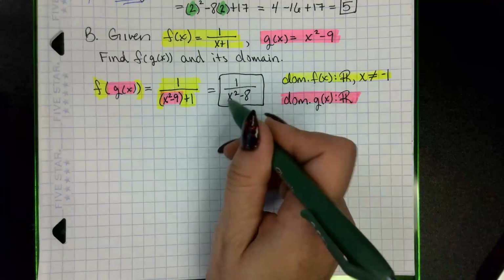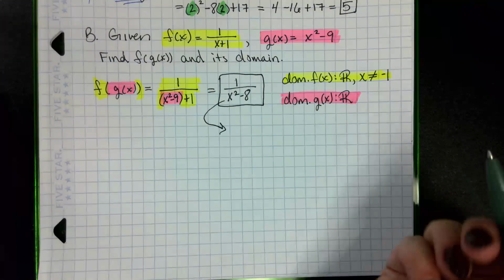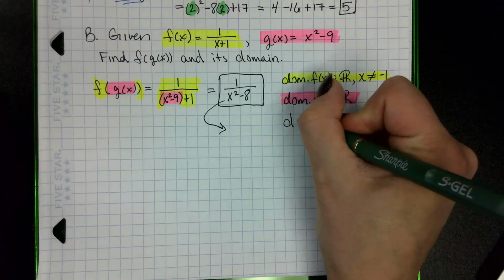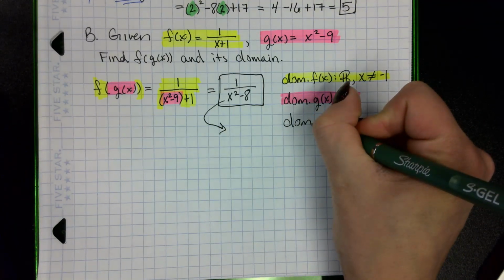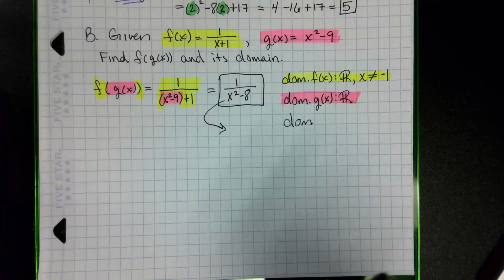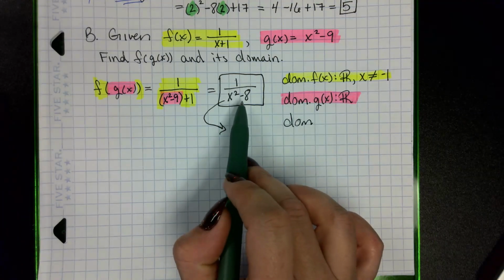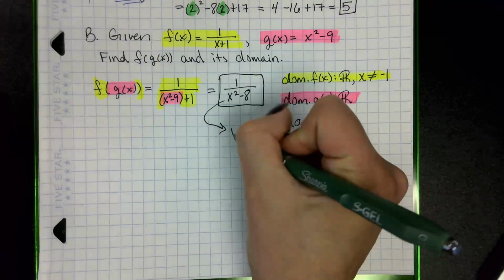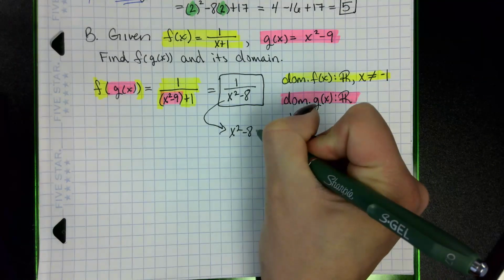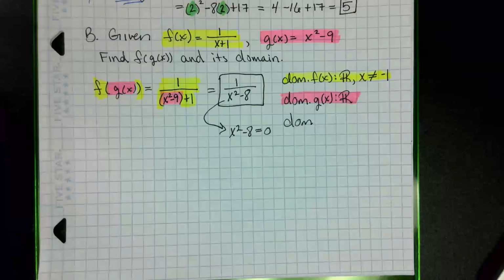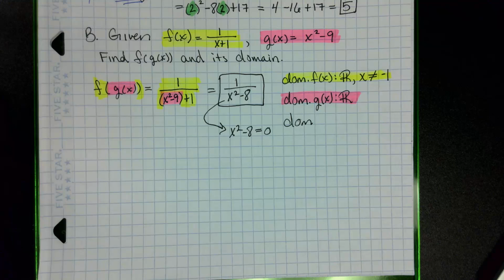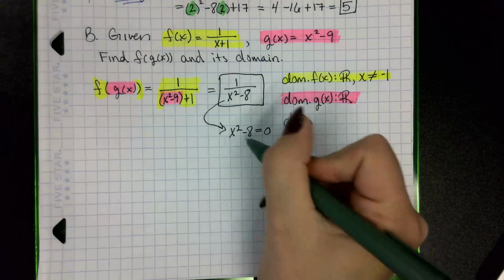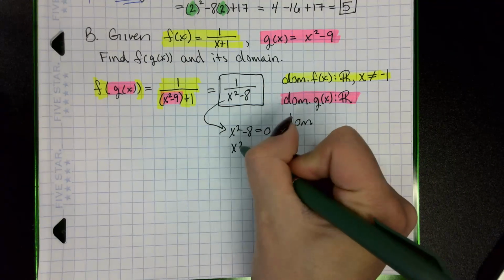That cannot equal 0. So this cannot equal 0 for the new denominator. x squared minus 8 equal to 0. So we can find out what value that would be. Add the 8, so then x squared equals 8.